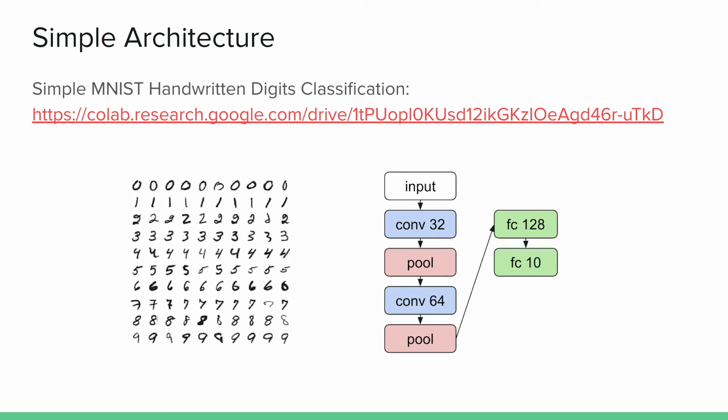We apply a pooling operation to bring it down to a 16 by 16 image. We do another convolution with 64 features, another pooling operation, and then we feed that into the first fully connected layer with 128 output neurons, and ultimately the final fully connected layer, which only has 10 outputs, and then the Softmax layer. The last one has 10 outputs because we have 10 different digits, 0 to 9.